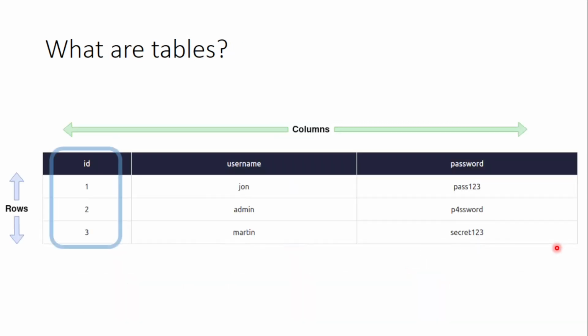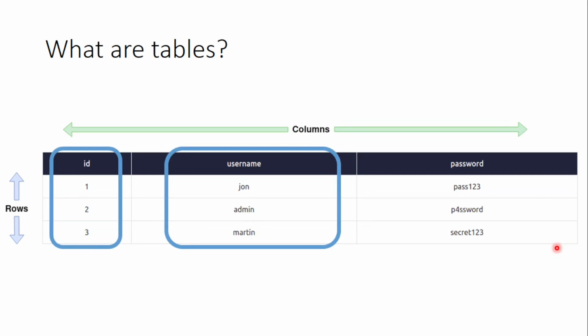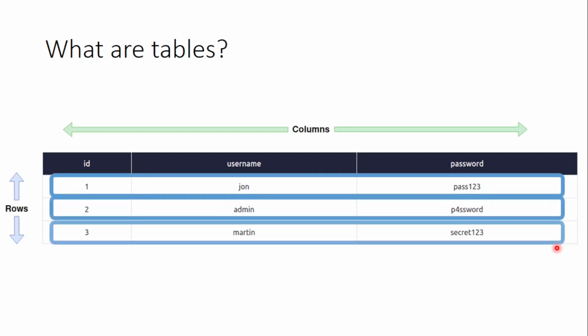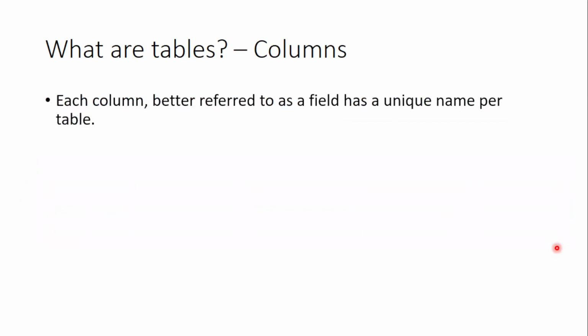A table is made up of columns going across the top from left to right, containing the name of the cell, and the rows going from top to bottom, with each one having the actual data. Each column, better referred to as a field, has a unique name per table.